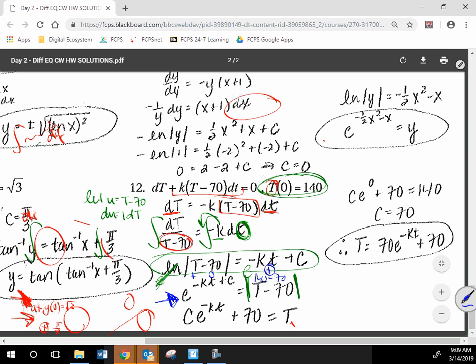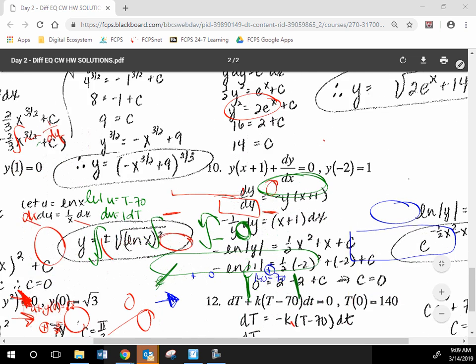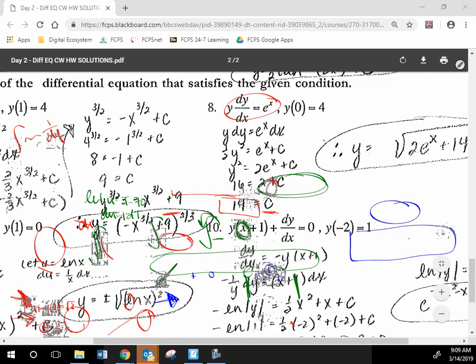Now when we solve, we end up getting c is 70. So again, we have to take the positive version of this. Did you guys have to take the negative version of any of these? I don't think you did. It's possible that they will have you do that, but it's more common that we have the positive version. I don't think you had to do a negative with any of these.